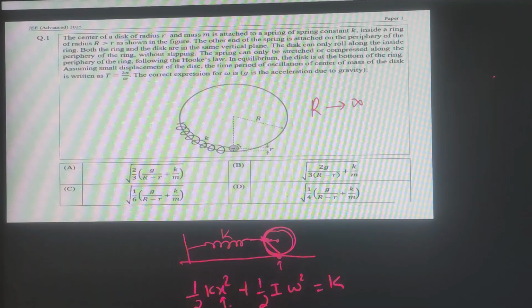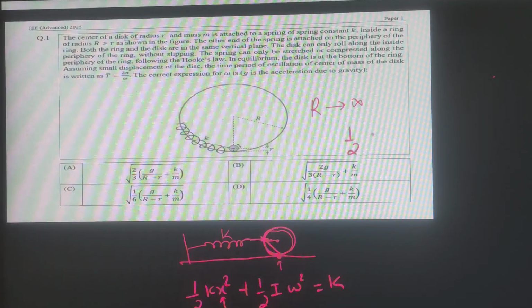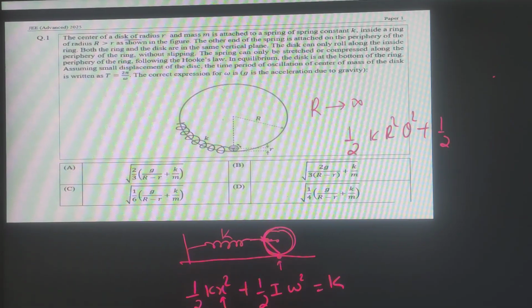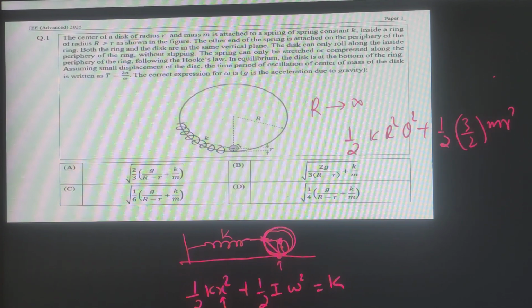Substituting that here, it gives half k r square theta square plus half moment of inertia about center, which is mr square by 2, plus you have to use the parallel axis theorem here, so that comes out to be 3 by 2 mr square into omega square, which should be constant.